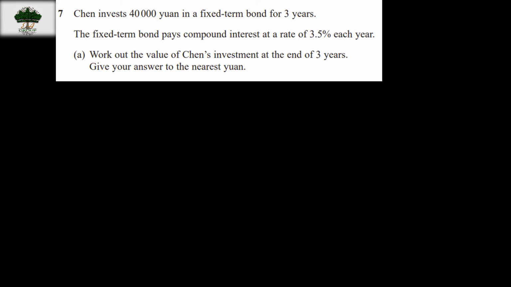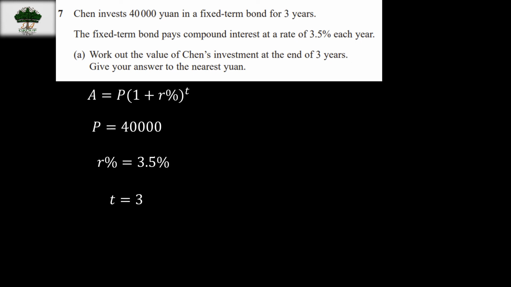Question number 7. Chen invests 40,000 yen in a fixed account. The time is 3 years and the interest rate is 3.5% each year. The first question asks about the value of the investment after the 3 years. It's mentioned that it's compound interest. So this is the formula of compound interest: A, the future amount, equals P, the present amount, times (1 plus R percent) to the power T. The present amount is 40,000, the rate is 3.5%, and the time is 3 years.